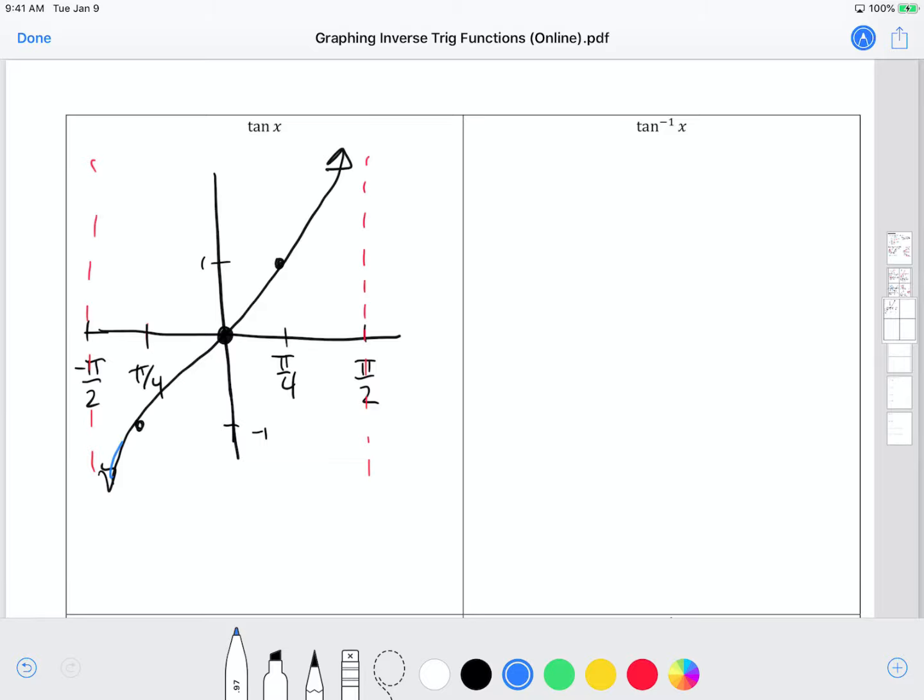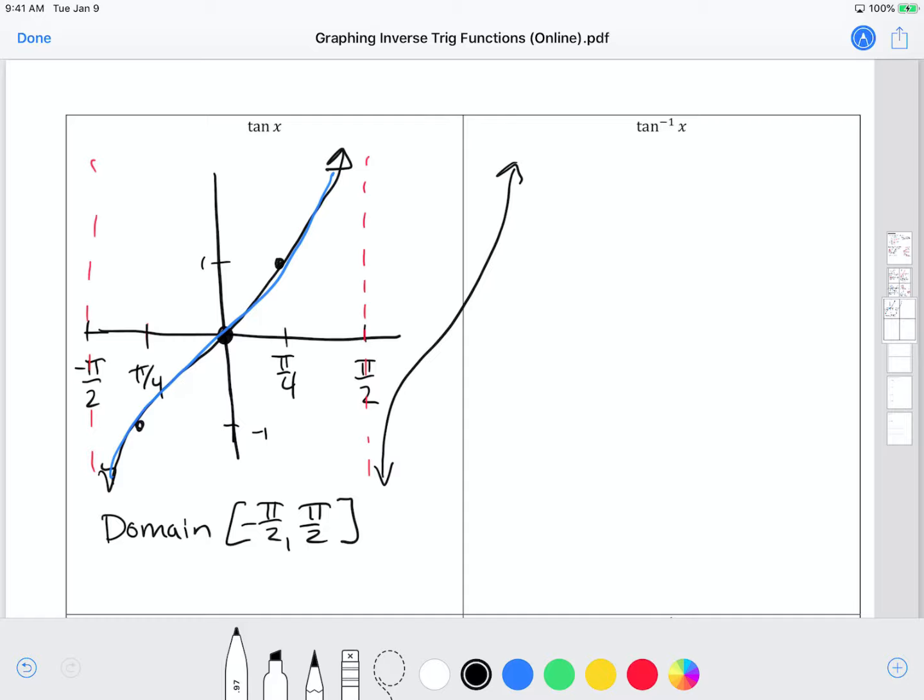If we keep just this piece here between negative pi over 2 and pi over 2, it's 1 to 1. Now if we continue and look at the rest of tangent, it keeps going and repeats. But we only want to pick a piece of the graph so that it's 1 to 1. So mathematicians have agreed to restrict the domain from minus pi over 2 to pi over 2.